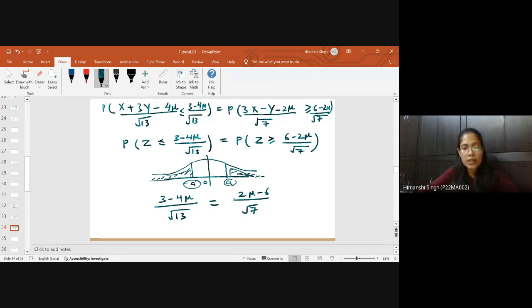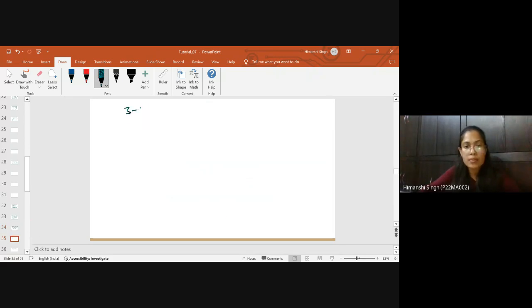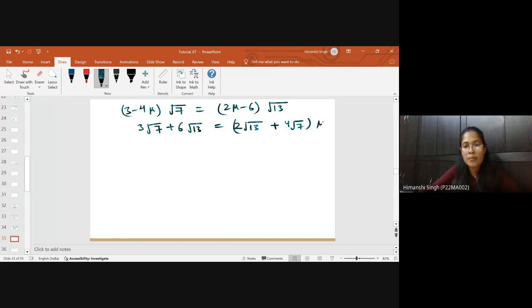Now if I solve it, what will be the expression for mu? You just find out. It will be (3 minus 4 mu) into root 7, just cross multiplying, and (2 mu minus 6) into root 13. So it is 3 root 7 plus 6 root 13 equals 2 root 13 plus 4 root 7, into mu.